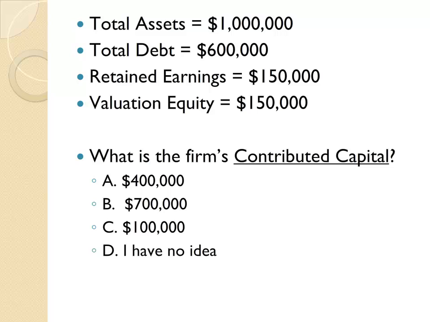So now we know total equity, which was $400,000 from the previous calculation, and we also know retained earnings and valuation equity. So using that information, what is the firm's contributed capital? We'll take a few seconds here to think about it and then see the answer in the next slide.